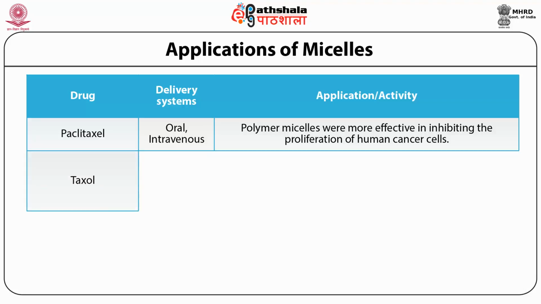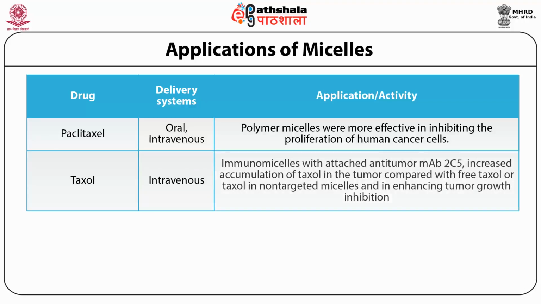Similarly, Taxol, which is given by intravenous route, immunomicelles with attached antitumor MAB2C5 increase the accumulation of Taxol in the tumor compared with free Taxol or Taxol in non-targeted micelles, and in enhancing tumor growth inhibition.